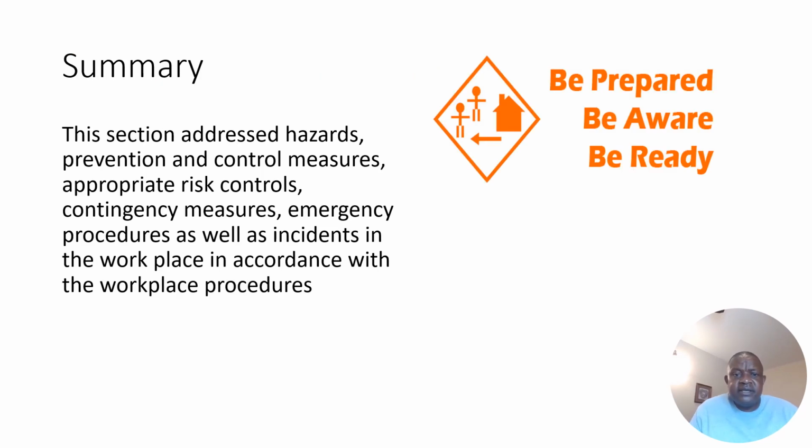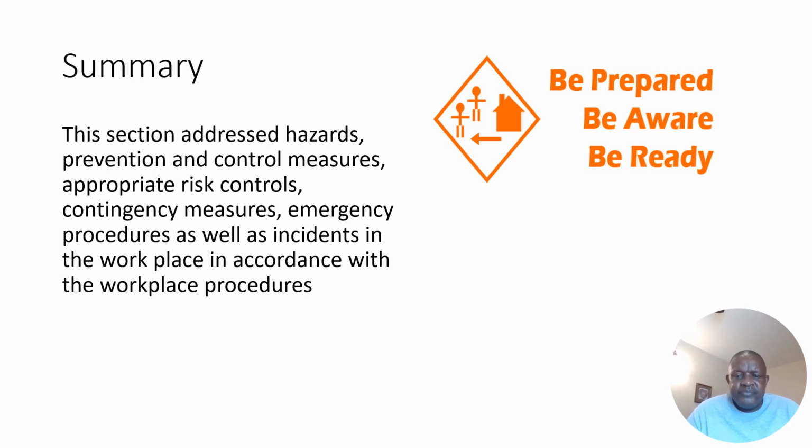And then summary, we say this section addressed hazard prevention and control measures, appropriate risk controls, contingency measures, emergency procedures, as well as incidents in the workplace in accordance with the workplace practices. You need to be prepared. You need to be on the lookout always so that we may protect ourselves and we may protect others at the workplace.